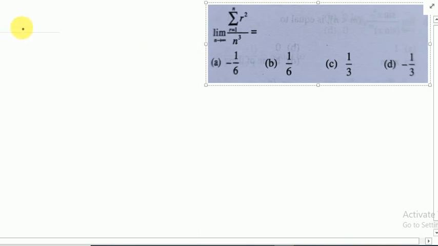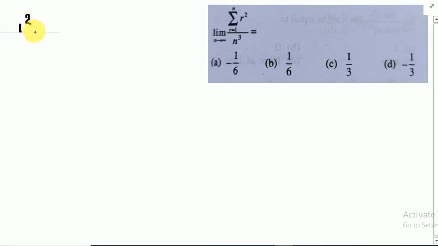So the problem is limit of n tends to infinity, summation of r square divided by n cube, r running from 1 to n. If you expand this summation, then it will be 1 square plus 2 square plus so on up to n square, which is nothing but summation of n square, divided by n cube.